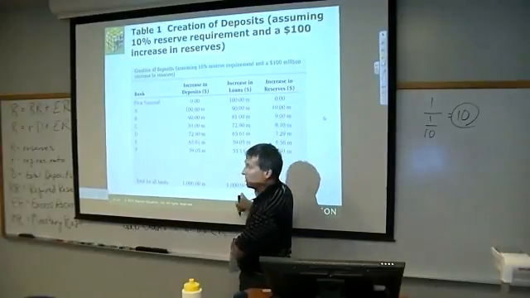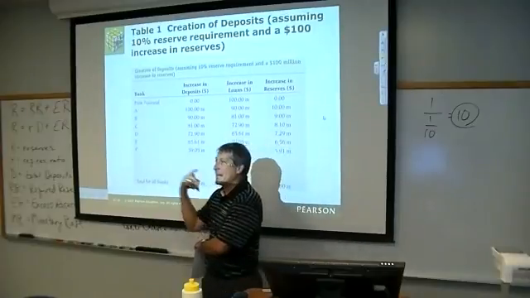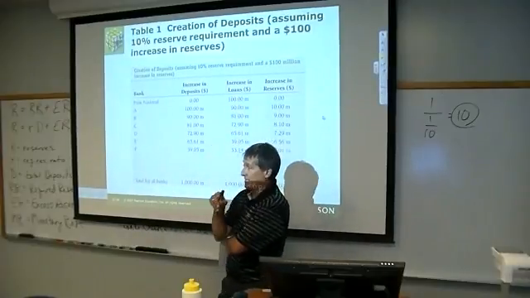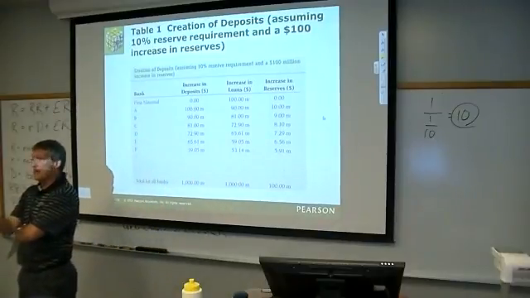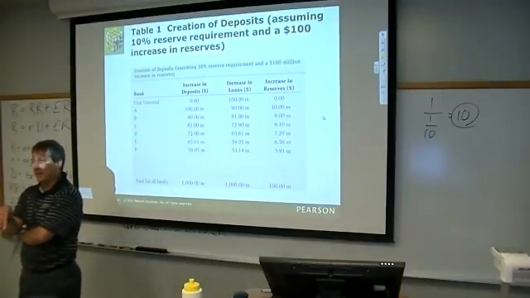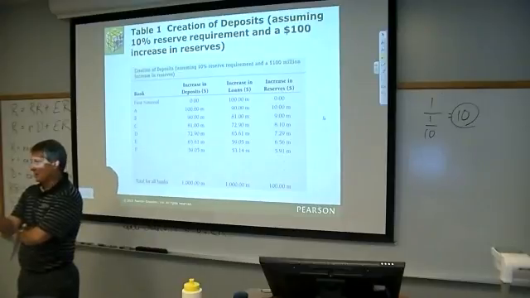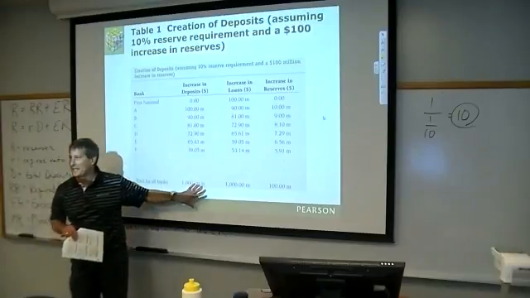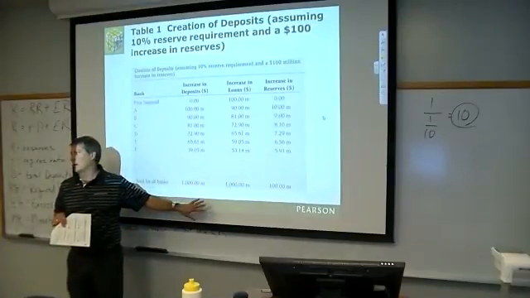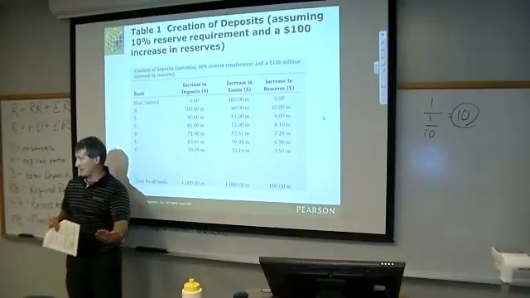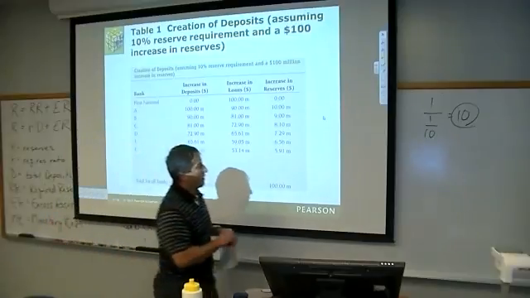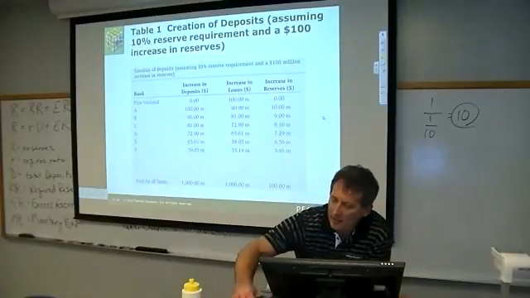So the increase in loans. What causes that not to get the whole 10? If people don't deposit their money in the bank, that was our currency drain, right? And then what's the other reason we would not expect it to be 10 in the world? Excess reserves. Banks choosing not to loan out the maximum that they could.